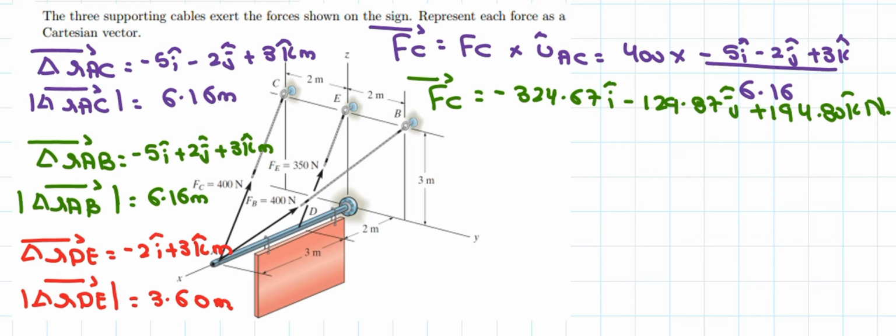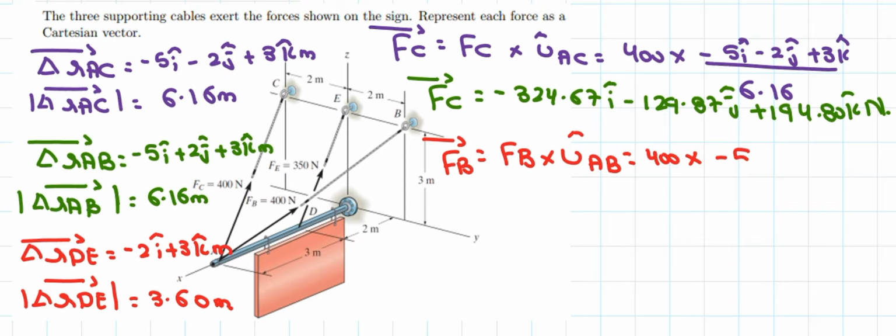Now, let's talk about the Cartesian form of FB. So, the Cartesian form of FB is equal to the magnitude of FB into the unit vector AB. So, the value of FB is nothing but 400 into the unit vector, which is the vector upon magnitude. The vector is nothing but negative 5i plus positive 2j with positive 3k, and its magnitude is nothing but 6.16.